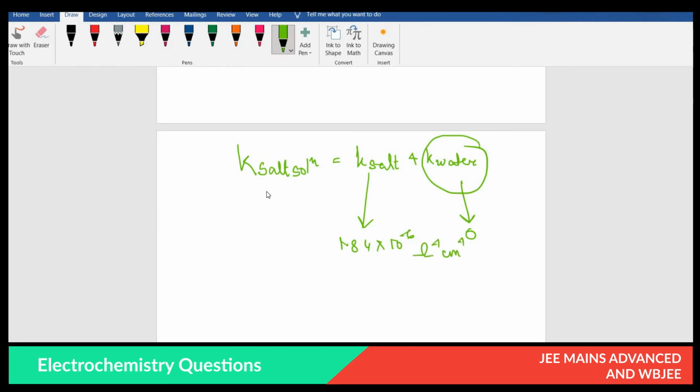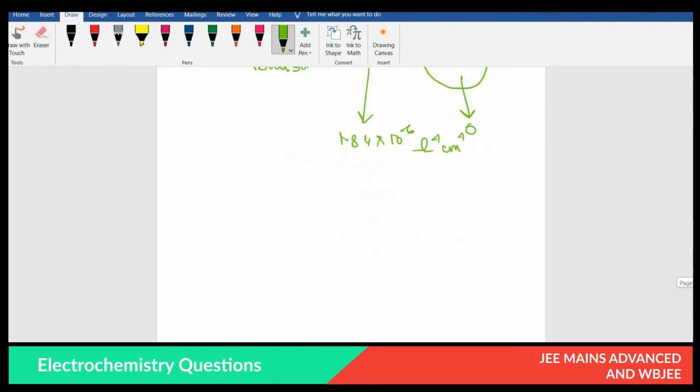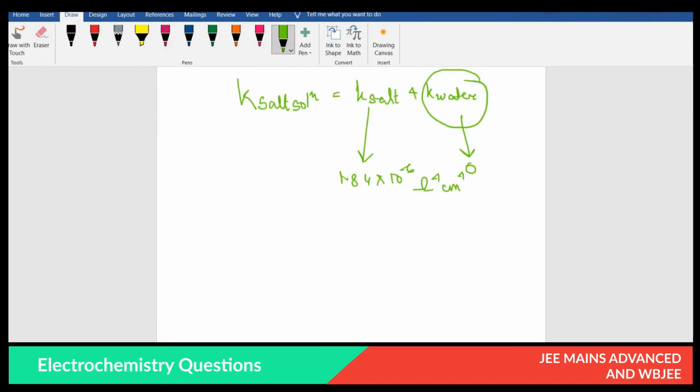Now, in electrochemistry, another thing you have to keep in mind is the units, very carefully. We know molar conductivity, lambda m, is equal to kappa by C. Now, we can replace C with solubility, S, which is asked in our question. So, substituting the values, solubility would be kappa by lambda m.